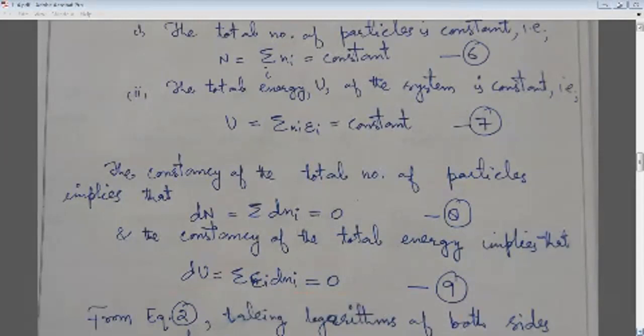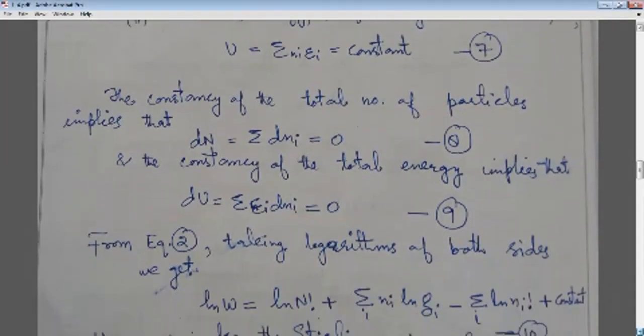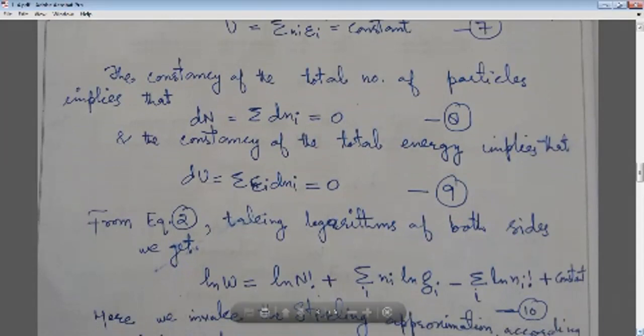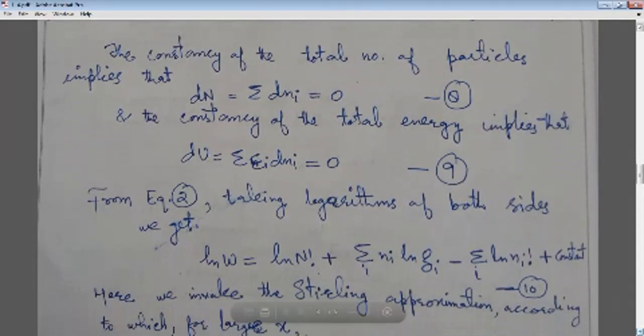Now we will take equation second, and we will take the logarithm on both sides. So we will write it here: ln W is equal to ln of N factorial. You know log of m into n, you can make it ln of m plus ln of n.